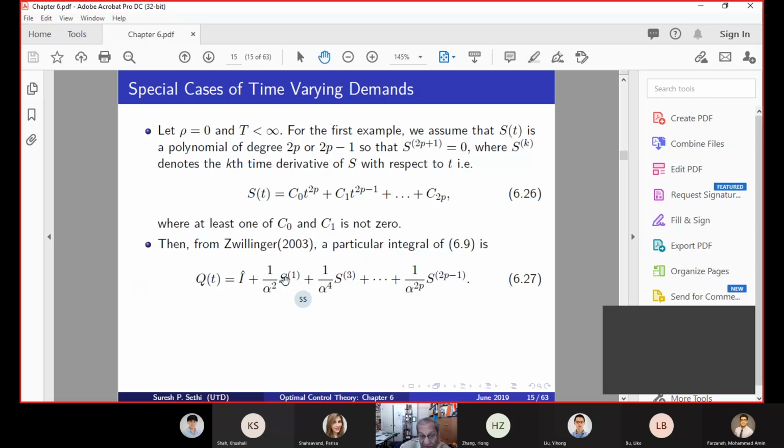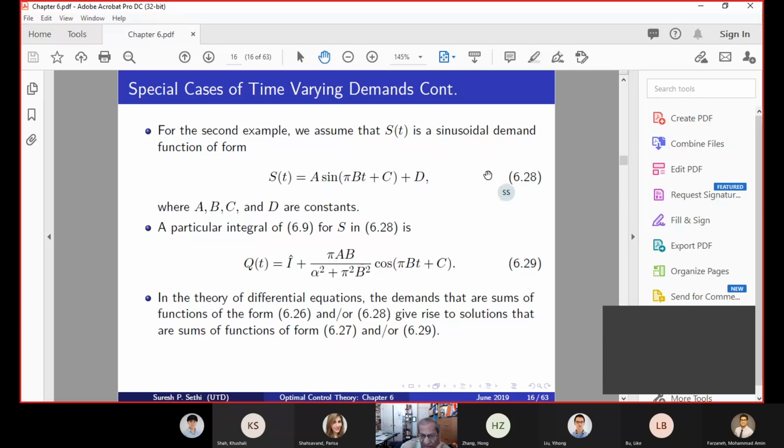So we have a special particular integral given by this, where S of 2p plus 1 means the 2p plus 1th derivative of S. Sk denotes the kth time derivative of this S t. So that means first derivative, third derivative, 2p minus 1 derivative, okay? So there we go.